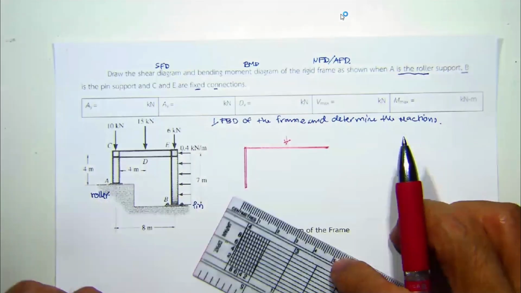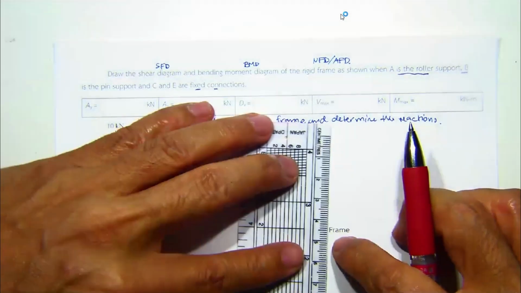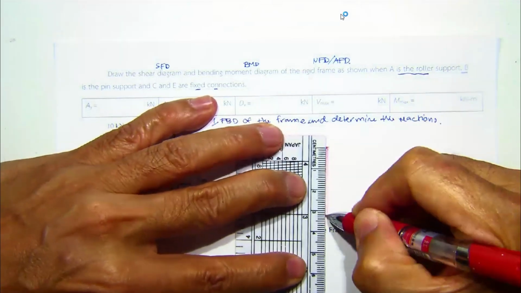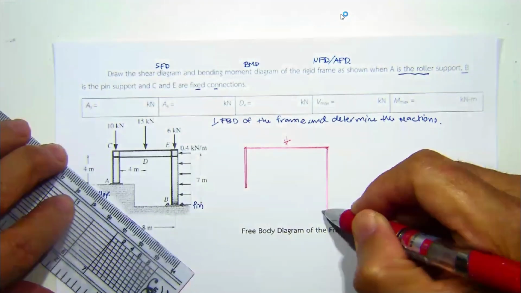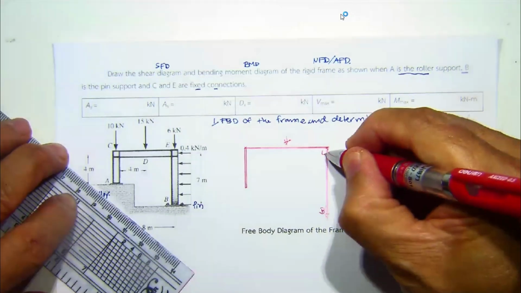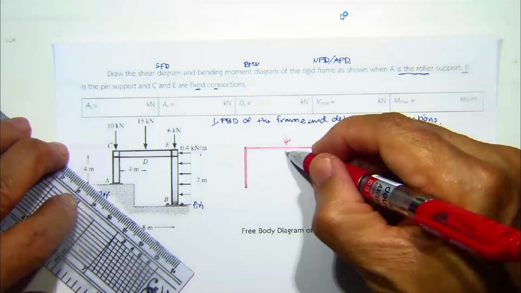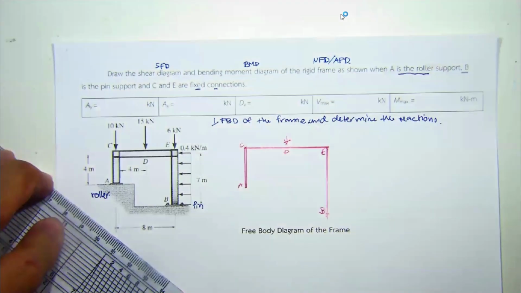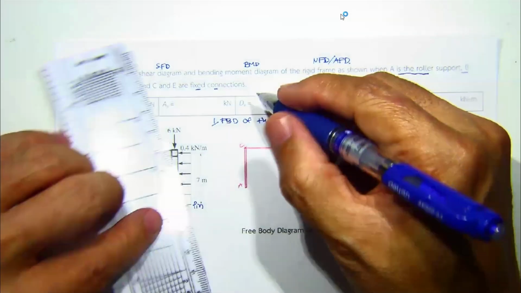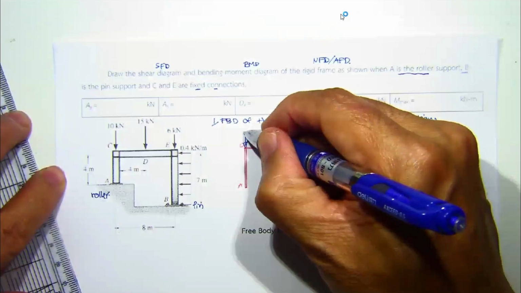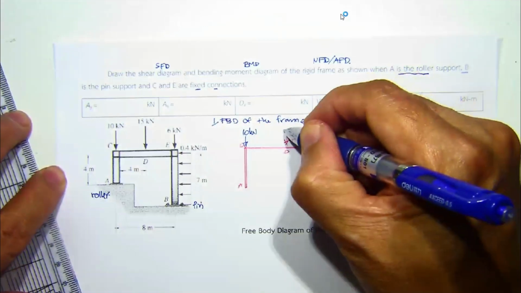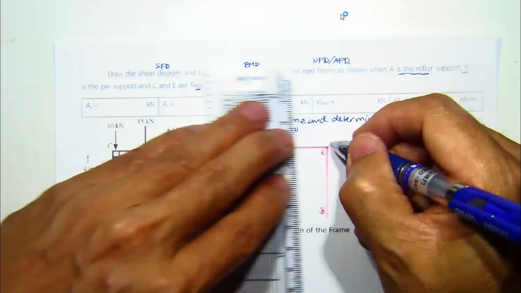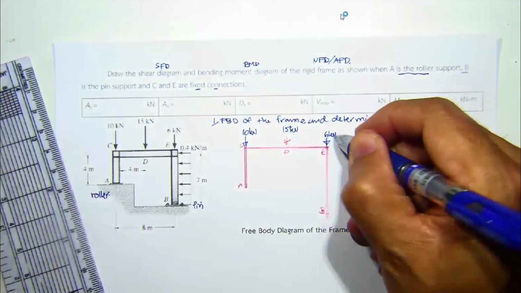Then we have 7 meters, which is 3.5 centimeters for the height of column DE. This is D, this is C, and this is F. The frame is subjected to 10 kilonewton over here, 15 kilonewton over here, and 6 kilonewton over here.